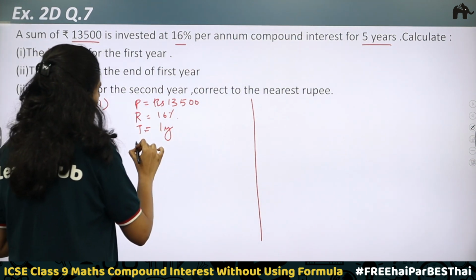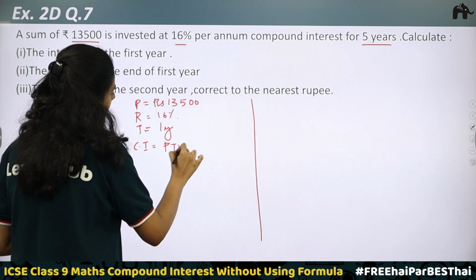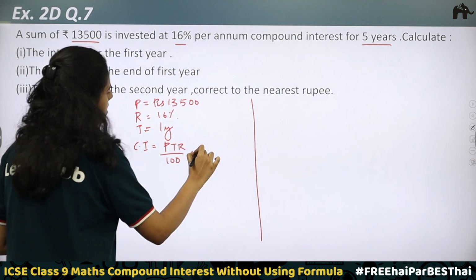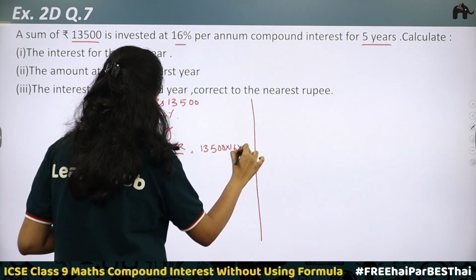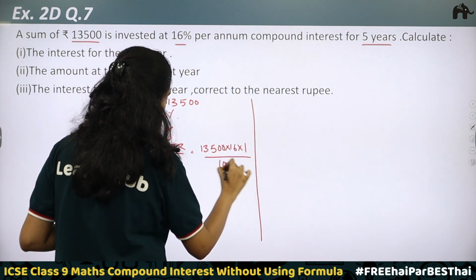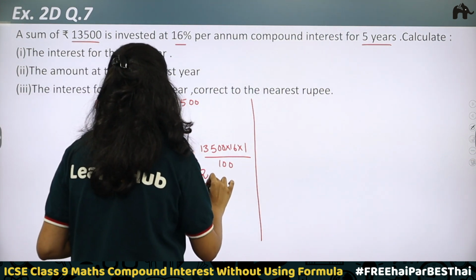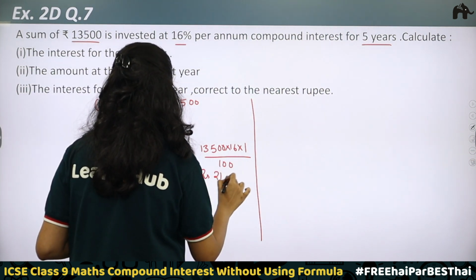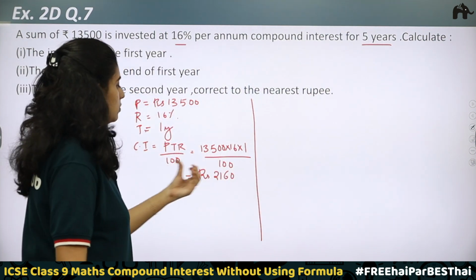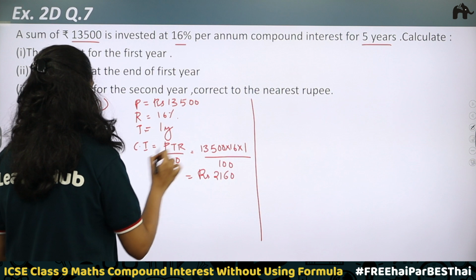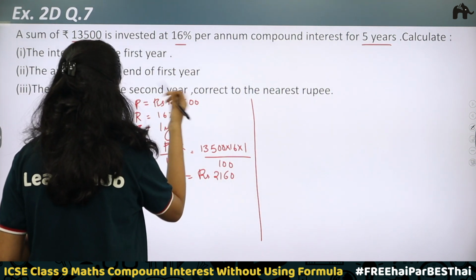Clear? So the compound interest is equal to PTR by 100, which is 13,500 into 16 into 1 divided by 100. When you do this calculation, you will be getting rupees 2,160. Okay, the compound interest is rupees 2,160. Now the second part of the question, the amount at the end of first year.